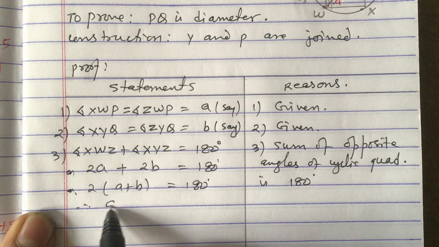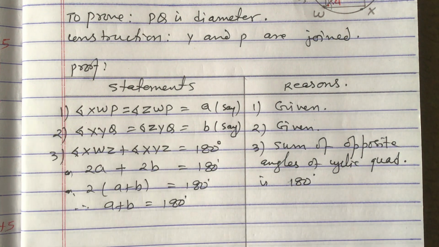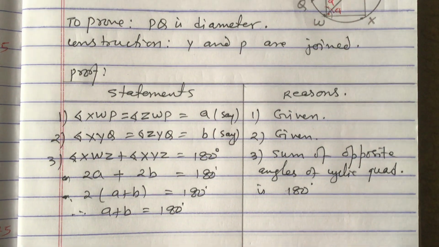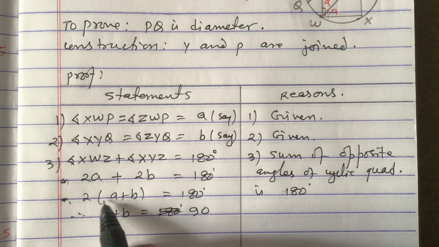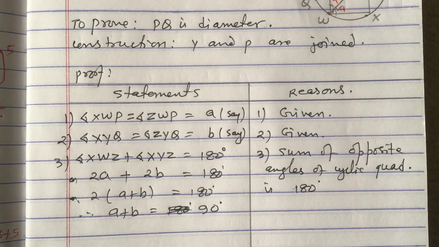Sorry, not 180, this is 90 degree. 180 divided by 2, 90 degree, okay? A plus B equals to 90 degree we got.